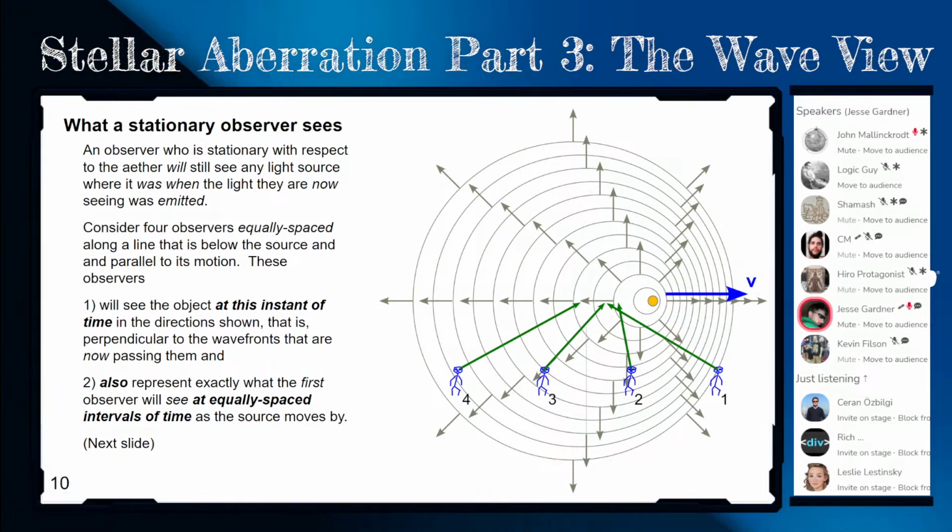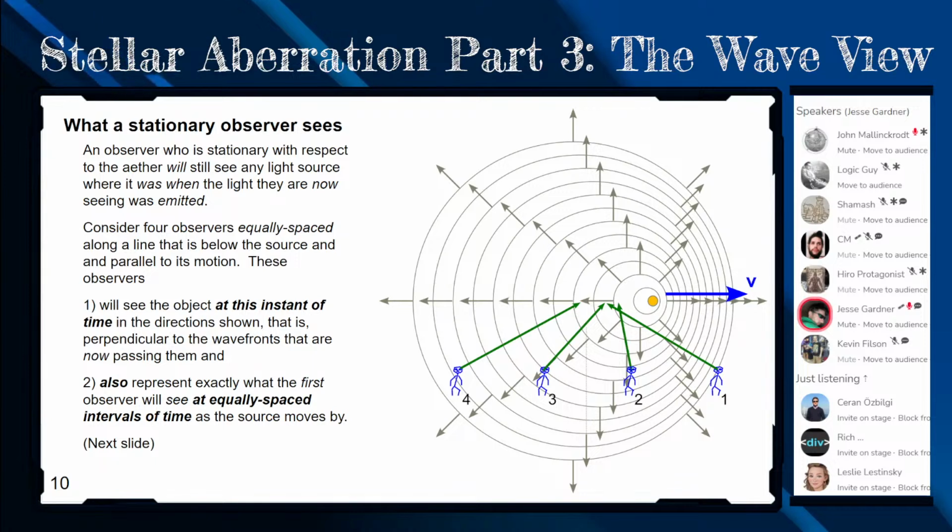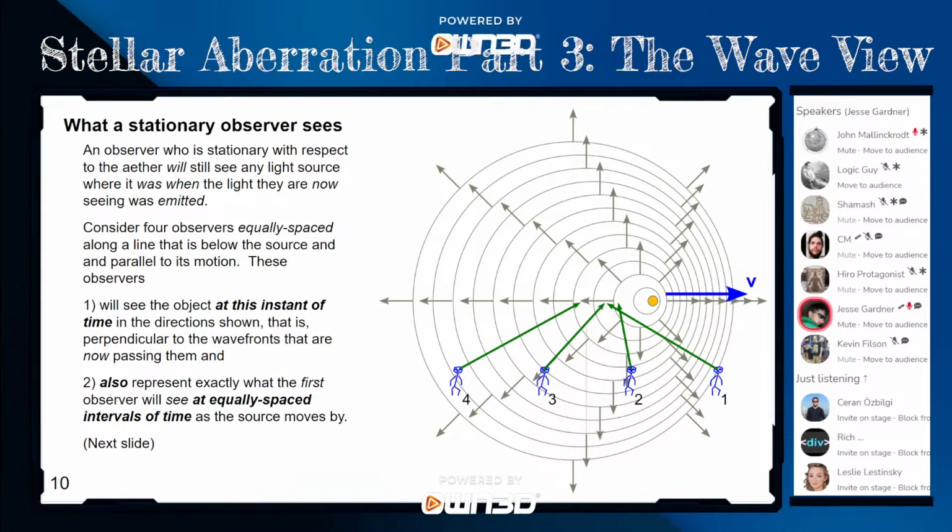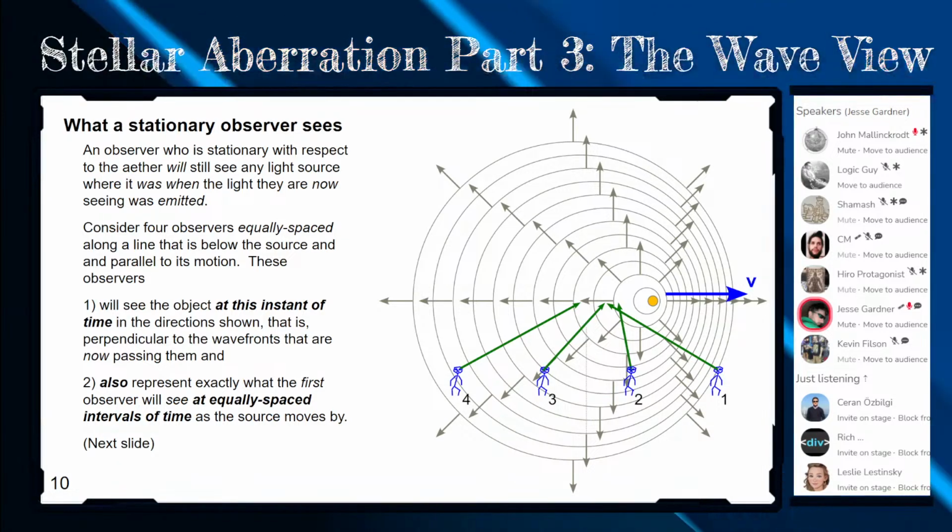I've drawn a green arrow back to where the center of that circle that is currently washing over him is. He's stationary. That circle is just expanding outward at the same speed in all directions. No question, he sees that circle expanding at the speed of light because he is stationary in the ether.